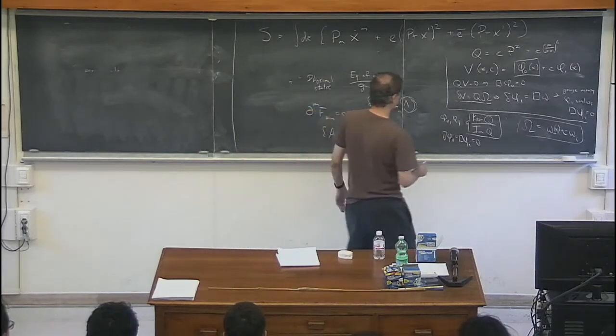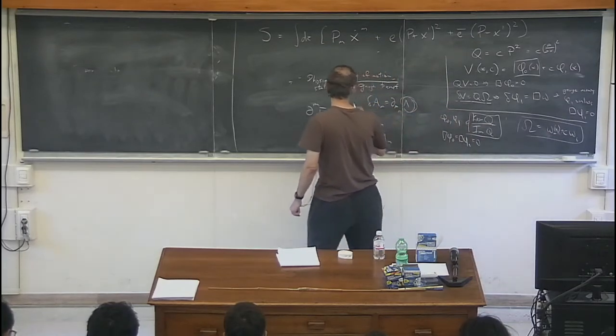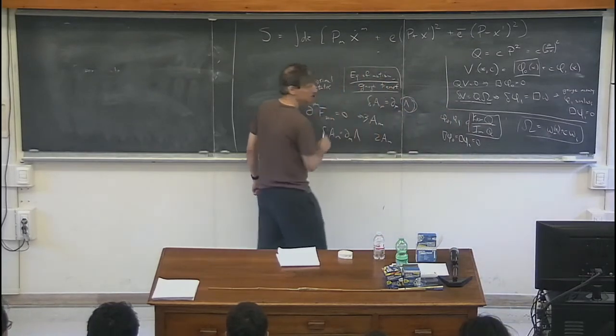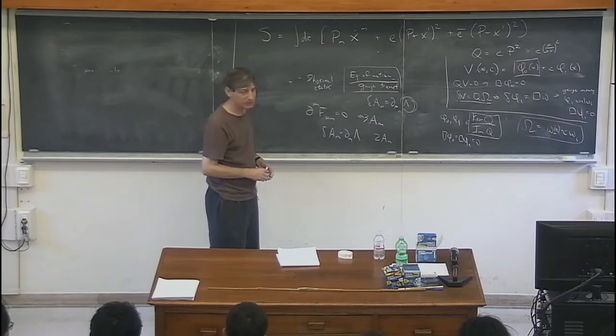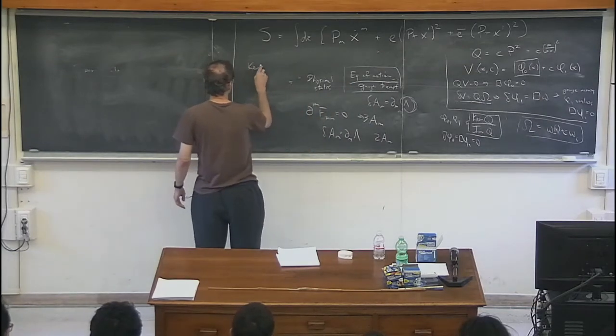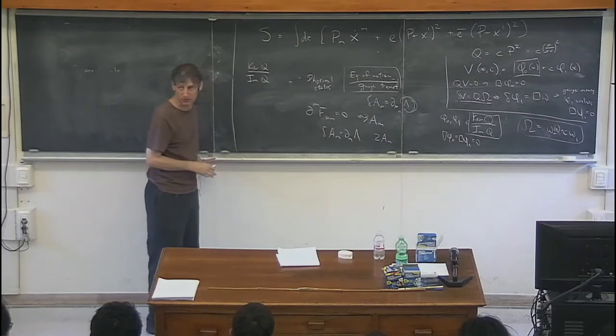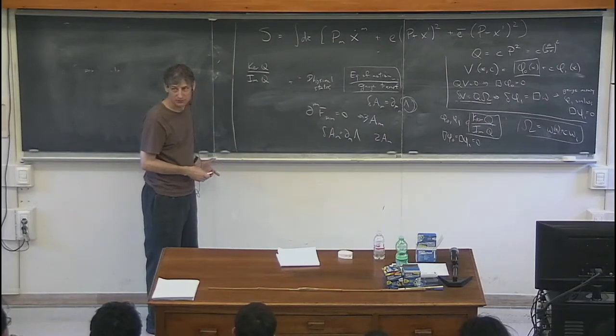If you want to do BRST quantization, you have to be able to define this. So the physical states have to have this kind of property. And in order to make sense of the kernel of Q over the image of Q, you have to assume, of course, that the image of Q is a subgroup of the kernel of Q. That's only possible if Q squared equals 0.